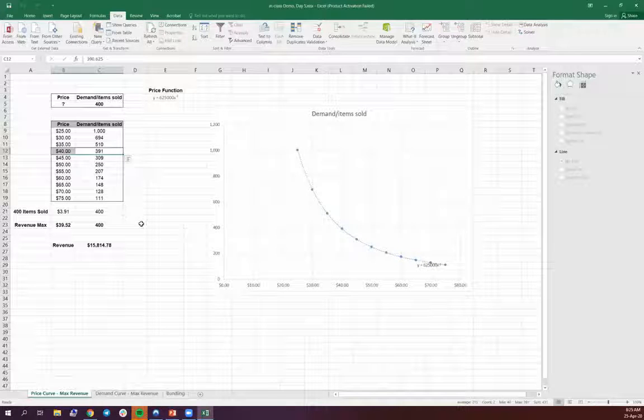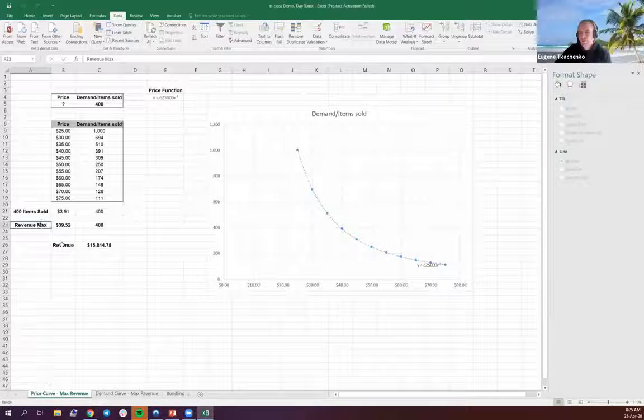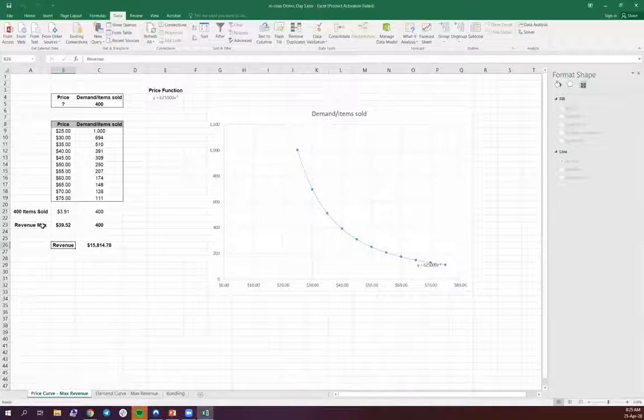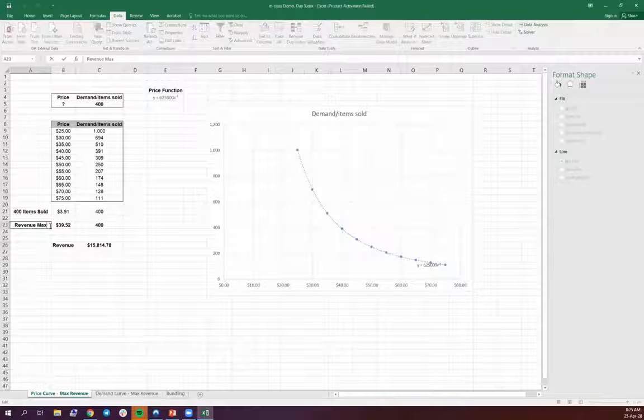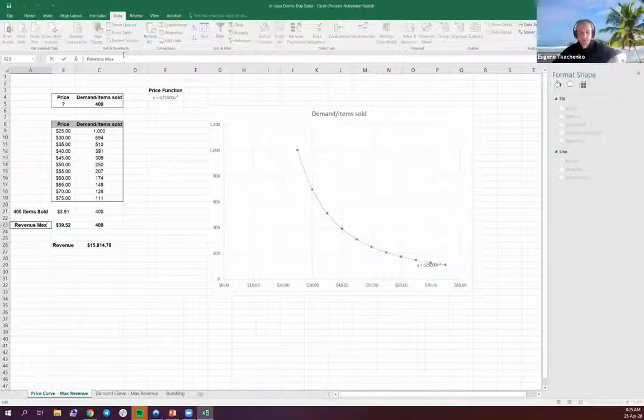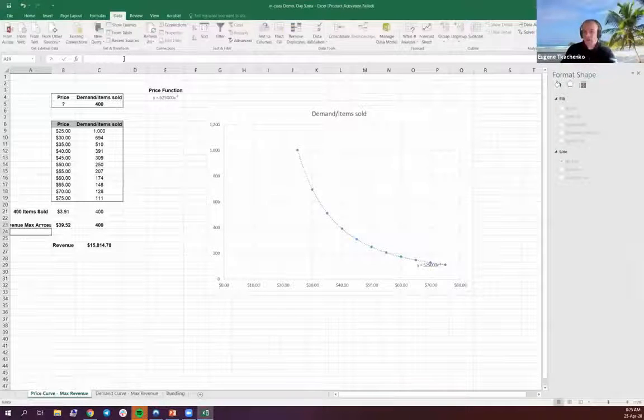Or I guess is revenue max a mislabeled item? Revenue max, are you talking about revenue max here or revenue max here? Yeah, revenue max meaning individual price? Yeah, so let me just add it to clarify. Revenue max function. Oops, my bad.